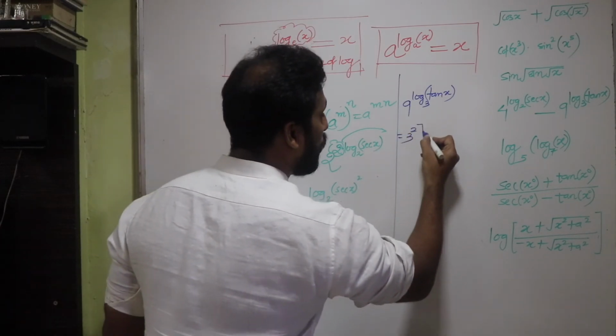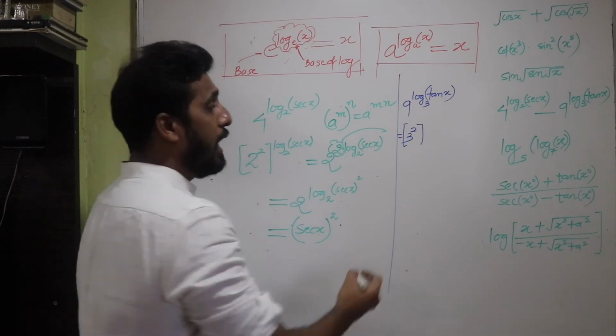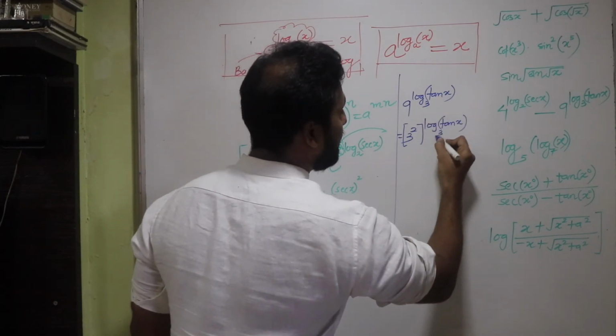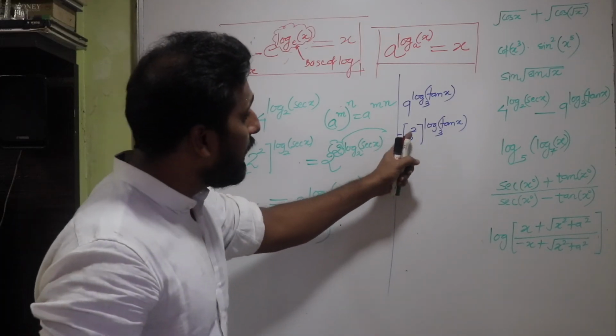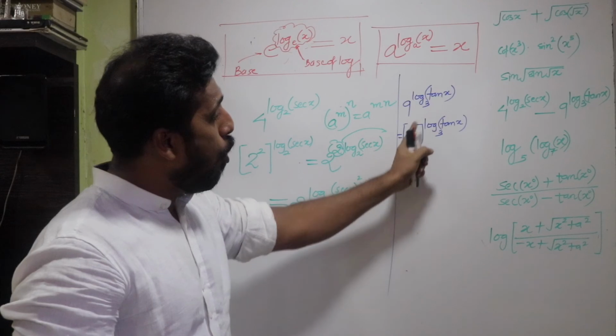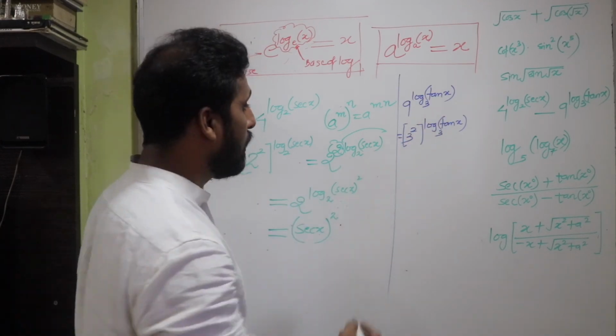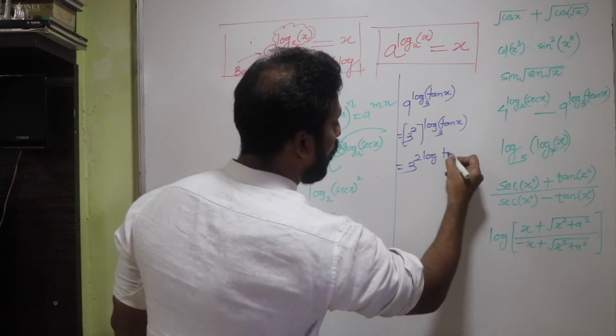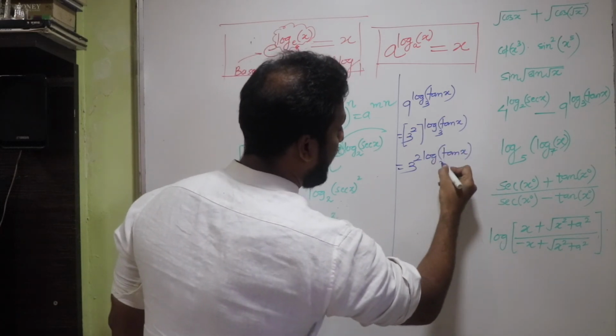So I would write (3 square) and then a bracket and then log of tan x to the base 3. Further, it looks like a raised to m and whole raised to n. So a raised to m whole raised to n is a raised to m into n. So I'll be writing here 3 raised to 2 log of tan x to the base 3.